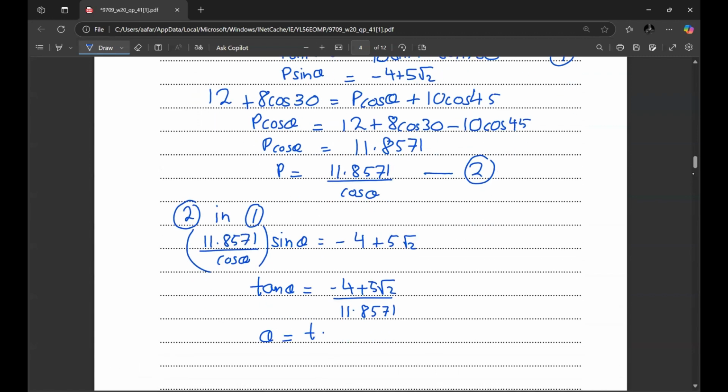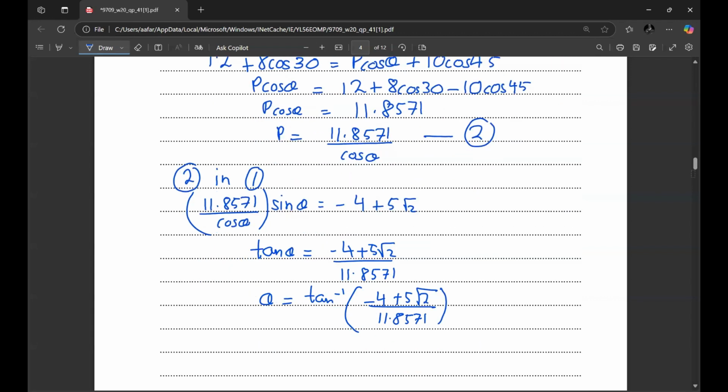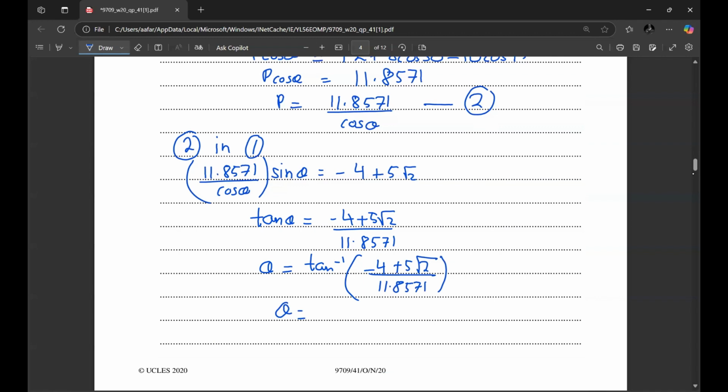Theta is basically the inverse of tan, and we get 14.5209 degrees, so approximately 14.5.